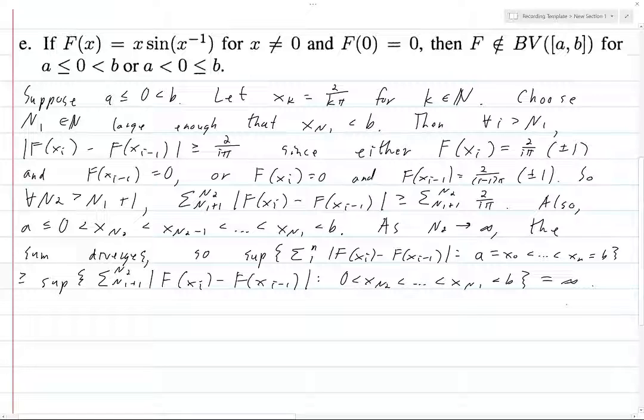But this supremum is what we mean when we refer to the total variation of f on the closed interval from a to b. And so hence, this means by definition that f is not of bounded variation from a to b. And this completes the proof, because we've taken care of the symmetric case by our argument at the beginning.